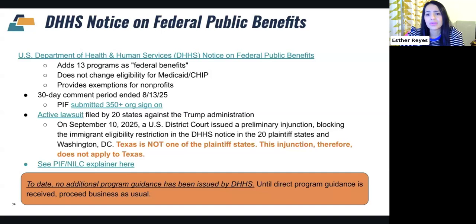But as a result of the lawsuit, there was an injunction, meaning that this notice would not apply to the states who were part of that lawsuit. However, as you can see there in the orange, to date, no additional program guidance has been issued by the Department of Health and Human Services. And so we do want to emphasize that until we get guidance, it should continue to be business as usual.